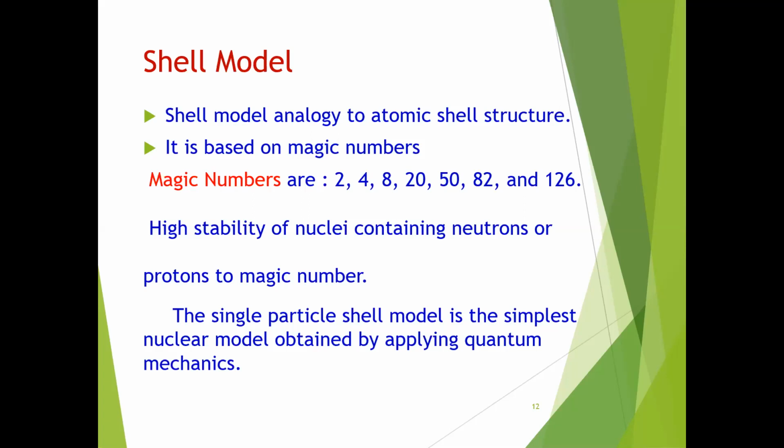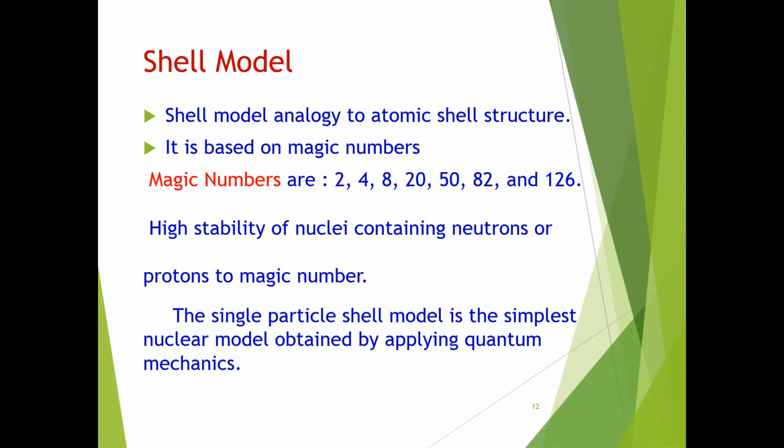Any proton or neutron number equal to these numbers is more stable, and because of this, these numbers are called magic numbers. Depending on these magic numbers, this model is developed.